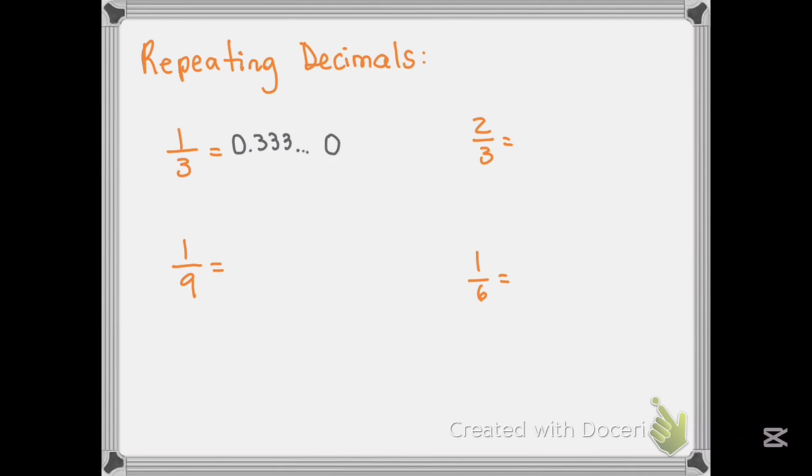So the way we're going to write that is 0.3 with a little line on the top, which means that it is repeating. 2/3 is 0.666 repeating. So we're going to write 0.6 with a little line on top. 1/9, if we divide 1 divided by 9, is 0.1 repeating. So again, we will put the 1 and then a little line on top.